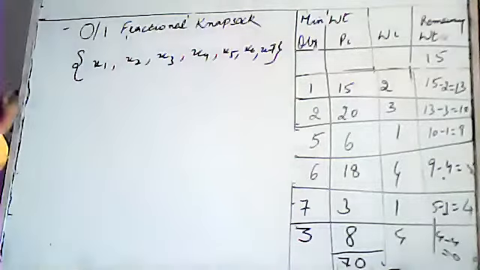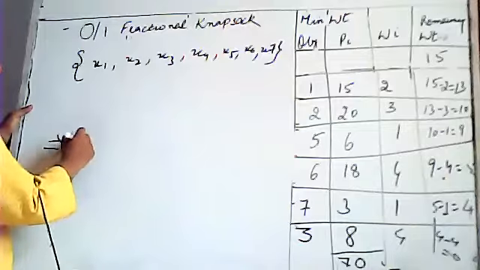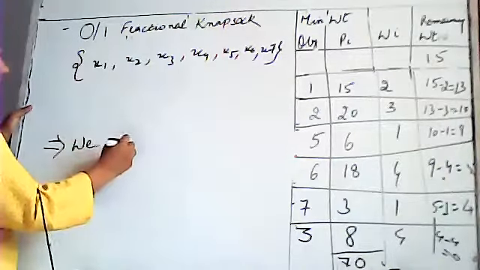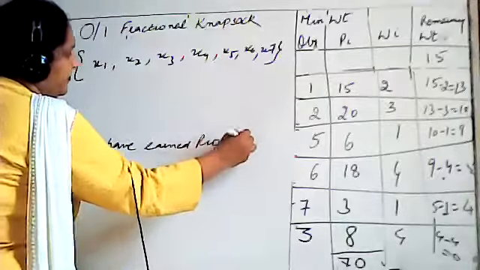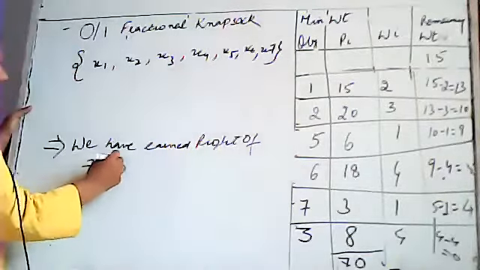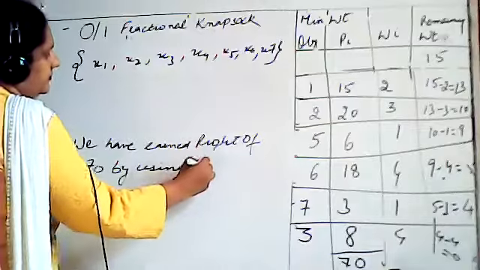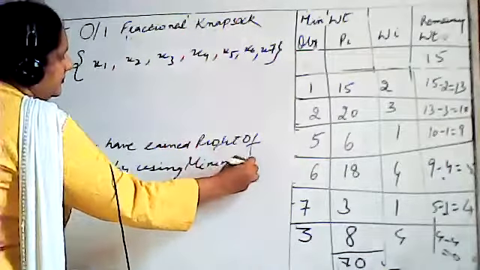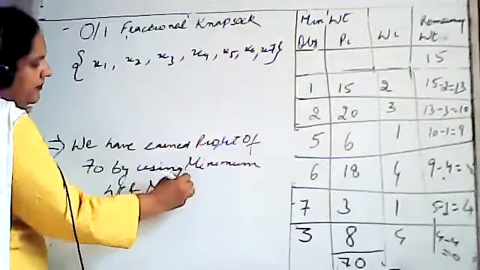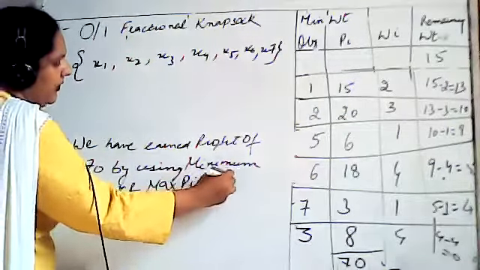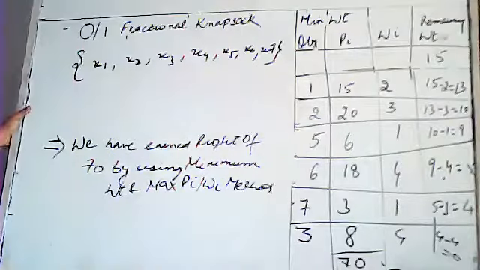First thing, we have earned a profit of 70 by using the minimum weight and maximum Pi by Wi method. Correct? We have earned a profit of 70.